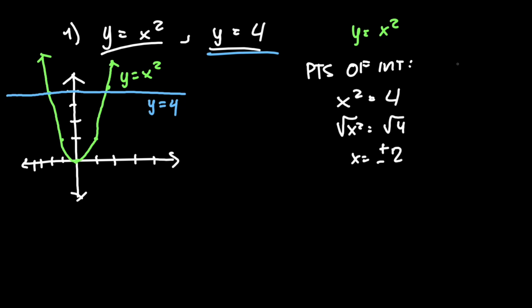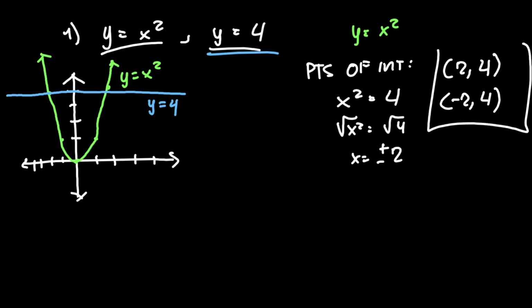And so if you plug in 2 in here, 2 squared would be 4. So that is the value of y. And if you plug in -2, it will still be 4. And so these are your points of intersection. And it proves that it is correct because as you can see here, the point of intersection right here would be equal to (2, 4). And for this one, it is also equal to (-2, 4).